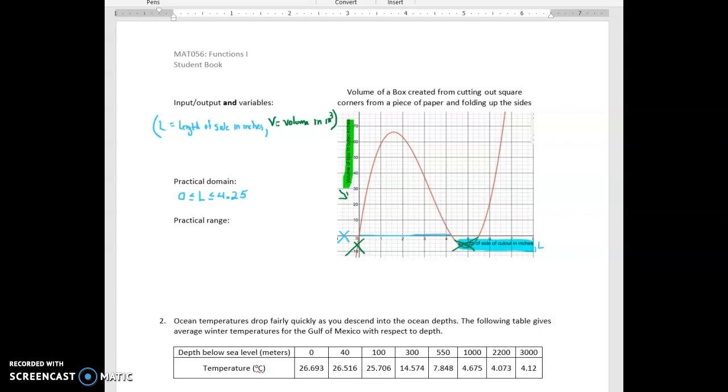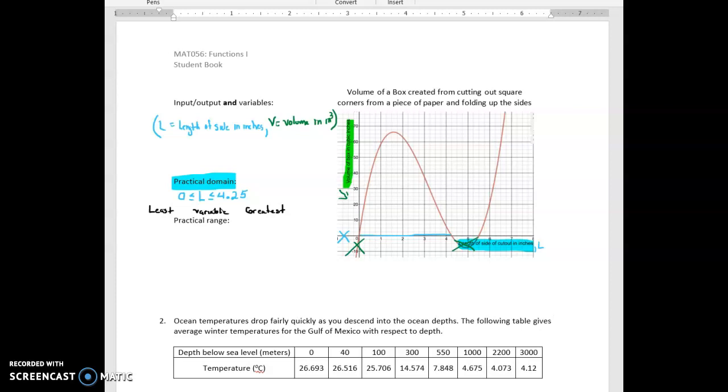Again, we're always going from the least value, then the variable, to the greatest. That's how we indicate our practical domain, and the domain is the length.